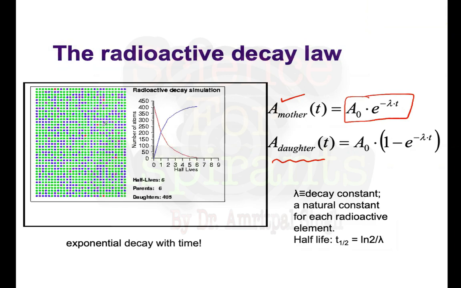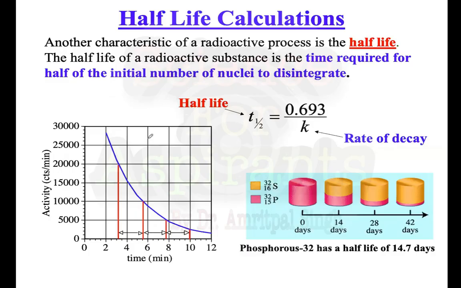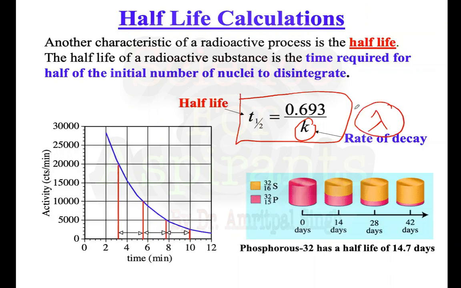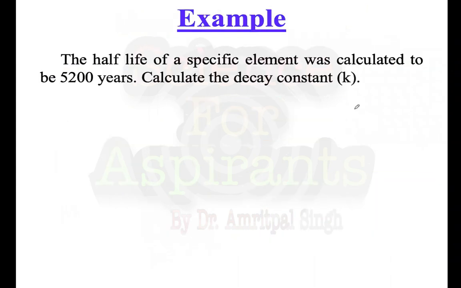This red line shows how the mother nuclei is converted into daughter nuclei, and the reverse is also calculated the other way around. The half-life period, as I have already told you, you can calculate using this equation. In some books, they use the notation K as the rate of decay, and in some books they use lambda as the decay constant.